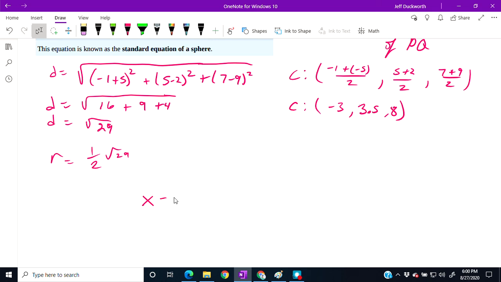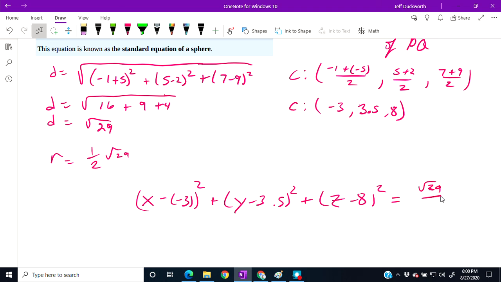And for our formula, we're going to have x minus -3 quantity squared, and then y minus 3.5 quantity squared, and z minus 8 quantity squared equals root 29 over 2 all squared.